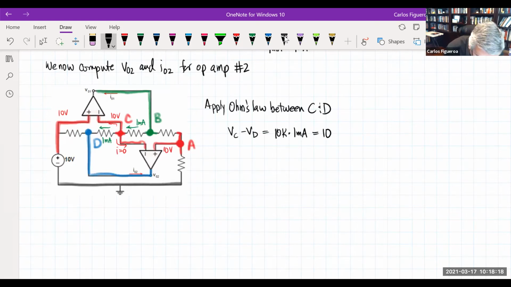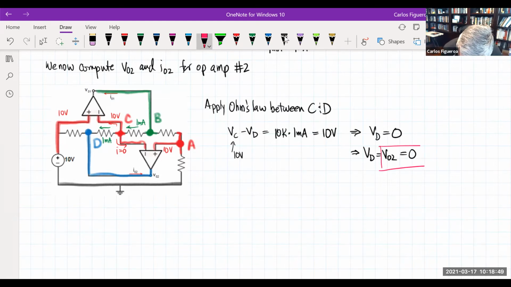However, we already know that C is at 10 volts. This implies then that VD must be 0. But VD is the output of op amp number 2, which is therefore 0. So op amp 2 has an output voltage of 0.